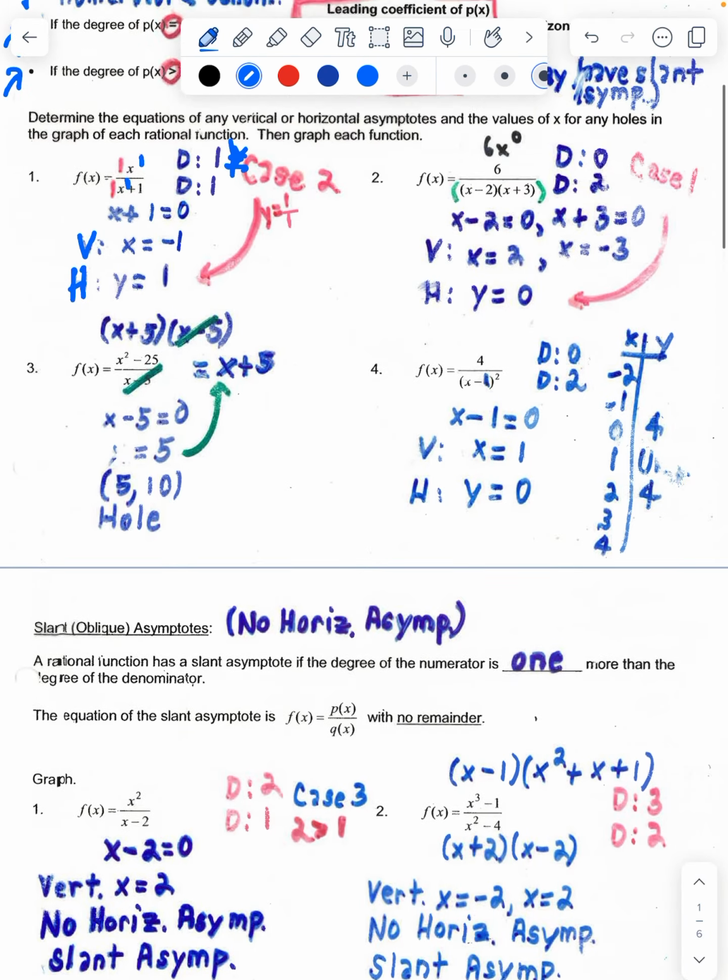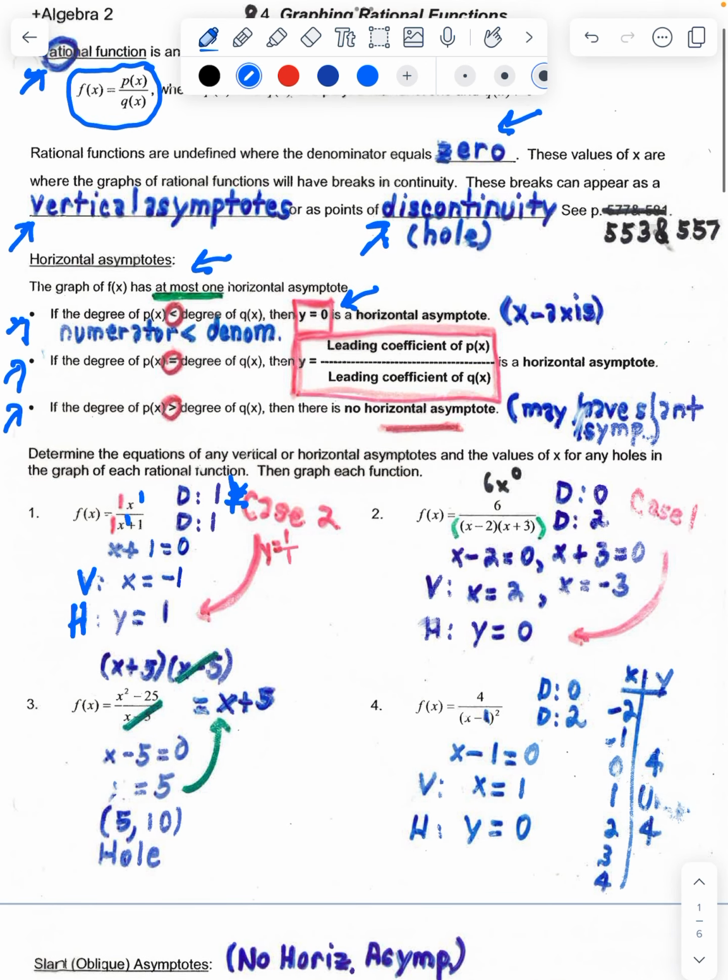All right, number 3. In number 3, the numerator actually factors, while the denominator is undefined for x equals 5. But because the factor of x minus 5 cancels, the function actually simplifies to become linear, x plus 5, which we all know how to graph, a slope of 1, a y-intercept of 5.